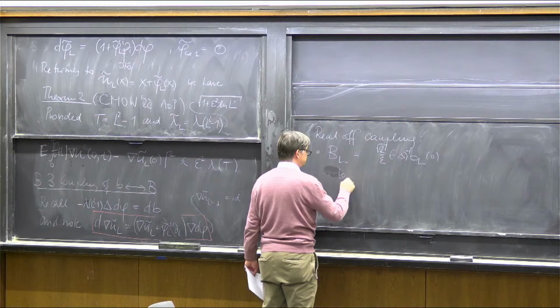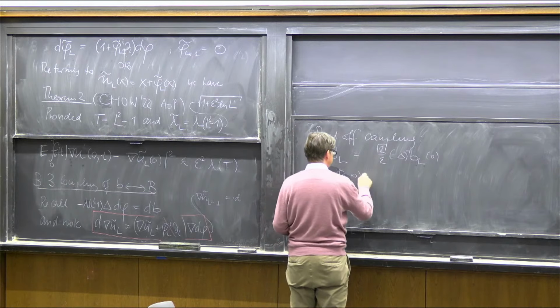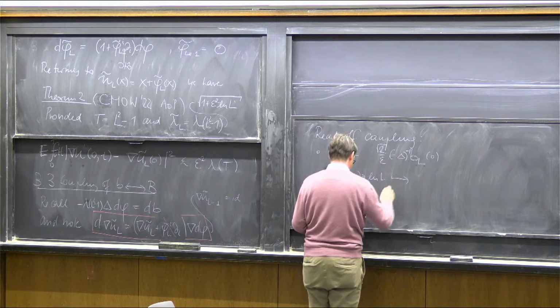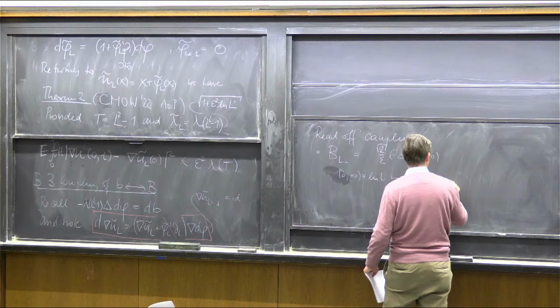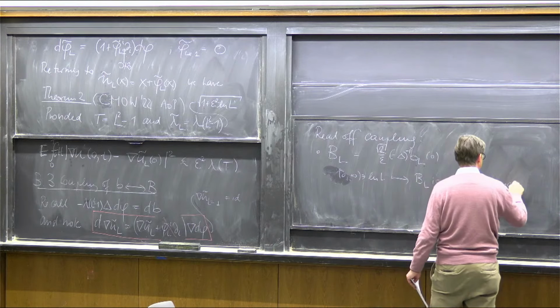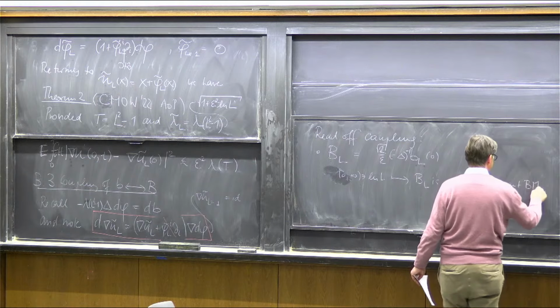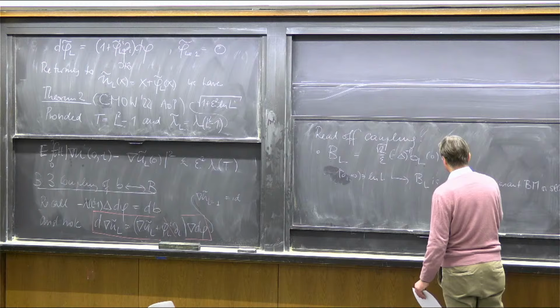So if I define the B, it's easy to see that on 0 to infinity, this is an SO2 invariant Brownian motion on SL2, which is independent of epsilon.